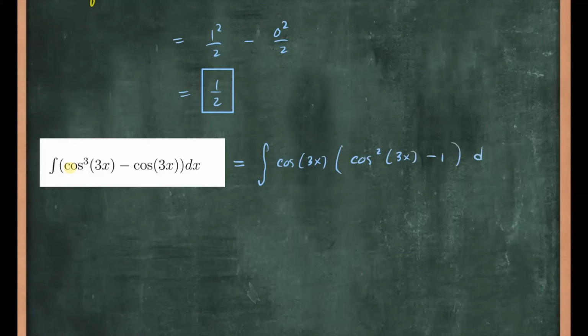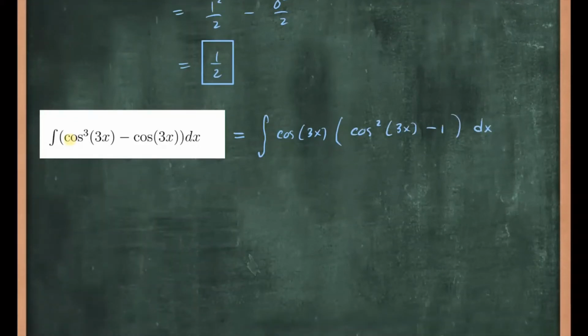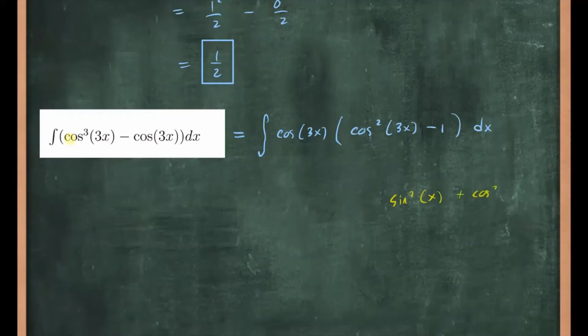So just refactoring. Now here you want to use an identity. So let's recall an identity. We know that sine squared of x plus cosine squared of x equals 1. So if I want to make this appear in the identity, it looks like I can subtract 1 from both sides, and then subtract sine squared from both sides.